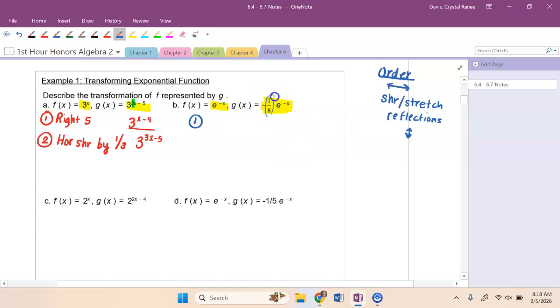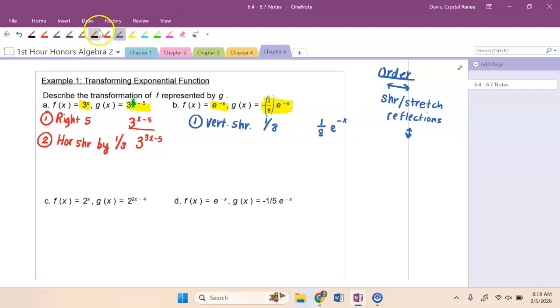This 1/8 is a shrink or stretch, and because it's applied to the entire function and not just the x, this is going to be a vertical shrink with a scale factor of 1/8. After a vertical shrink with a factor of 1/8, our new function, if we start with e to the negative x, would be 1/8 e to the negative x.